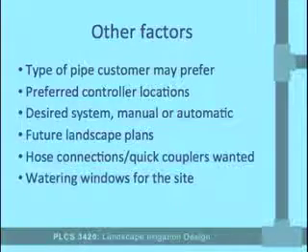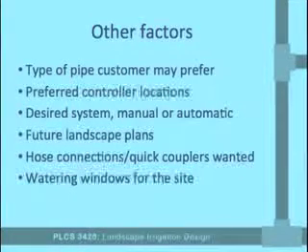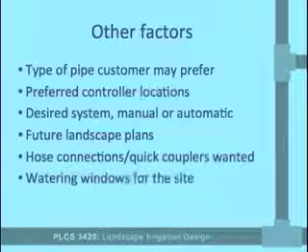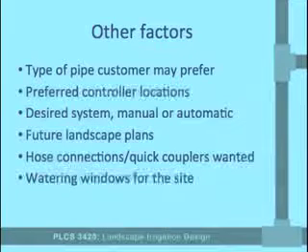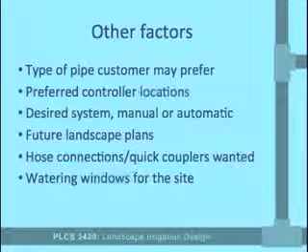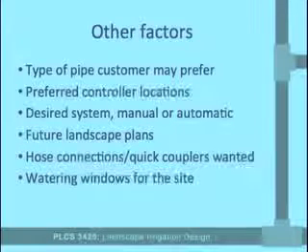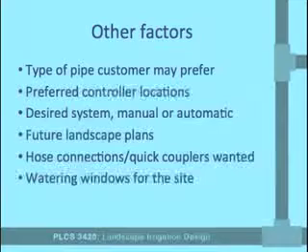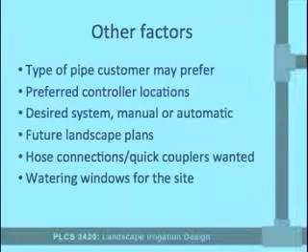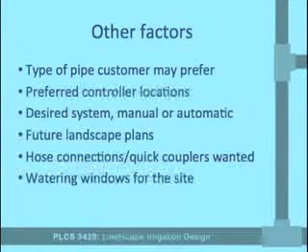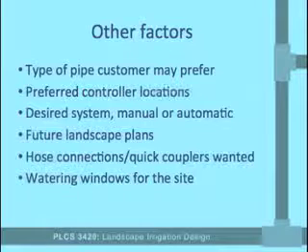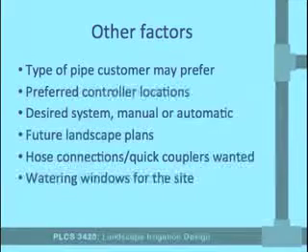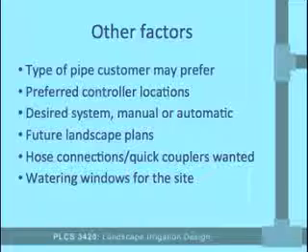Now, other factors that you might consider. The customer's going to have preferences about a lot of things, but they might have a preference about the type of pipe being used. Certainly they're going to tell you, I'd like to have the irrigation controller here or there, and they're going to have reasons for that. They might desire a manual system. They might desire an automatic system.